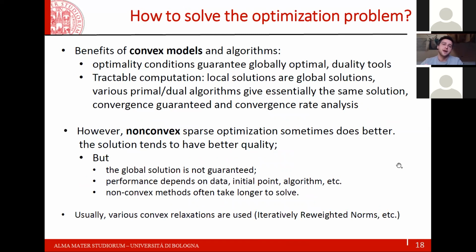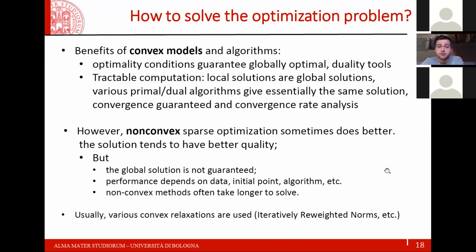So now that we have our model discretized, the question is how to solve the optimization problem, because of course convex optimization has a lot of advantages with respect to uniqueness and global solution.